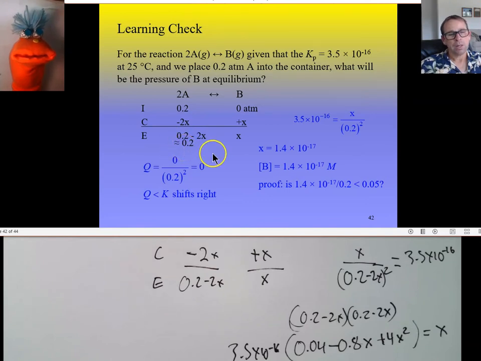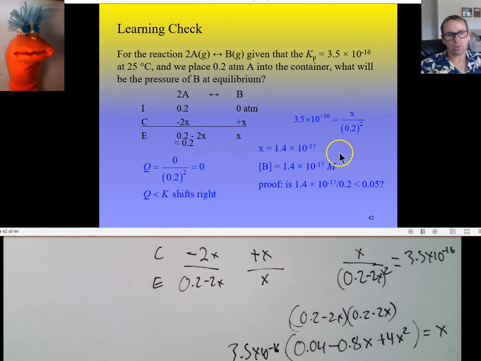So we're showing that we can drop this shift, this change, from our initial concentrations if the value is very large and the shift is very small. And we'll get some experience with how we can know when we can do that. Fred asks how you knew it was okay to do. Well, there are a couple of things we can determine.